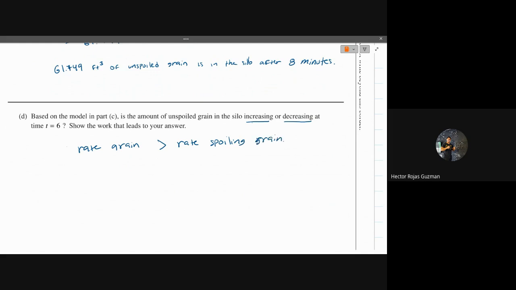That's the big question, right? So in order to answer this, we're going to take our g function, the rate at which we're adding grain. We're going to plug in the 6, and we're going to subtract w of 6.